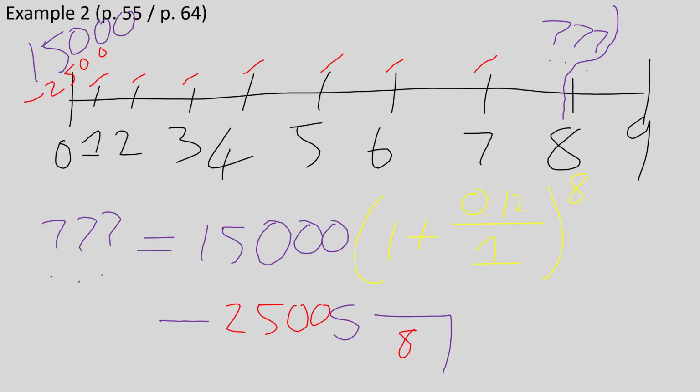12% per annum, and here at the bottom. Now, I have a very specific reason for doing it this way. The yellow could be any interest rate. When you work with a single amount, there isn't a set rule for what interest rate to use. I could have used a monthly rate. If I used a monthly rate with the 15,000, it would have been 8 times 12, so there would have been 96 months. So I would just have adjusted the power to fit the interest rate.